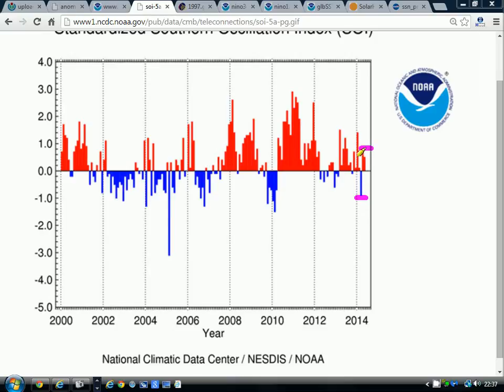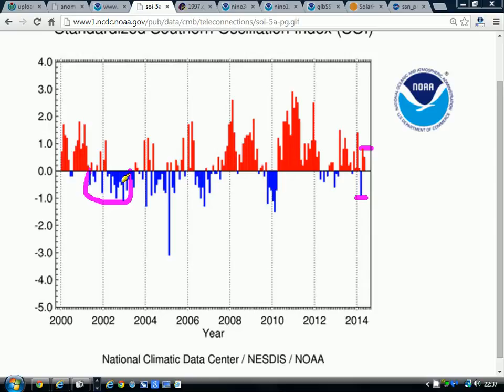So again, when we're negative, it's telling us that the atmosphere is reflecting the El Nino. For instance, this period just here, 2002 to 2003, this is the El Nino of 2002-2003, and the SOI was reflecting what was going on there in terms of the El Nino developing.